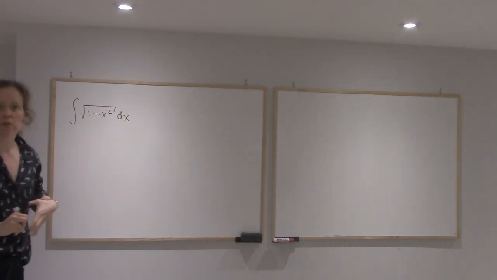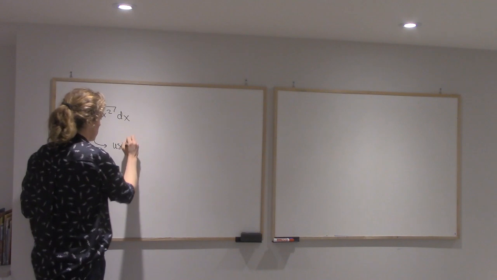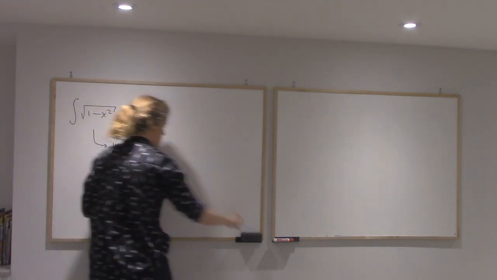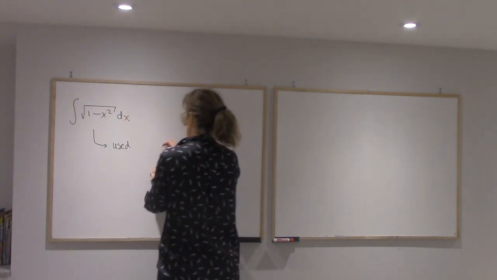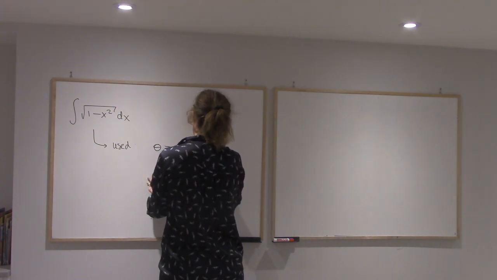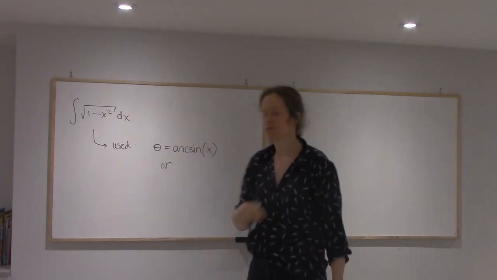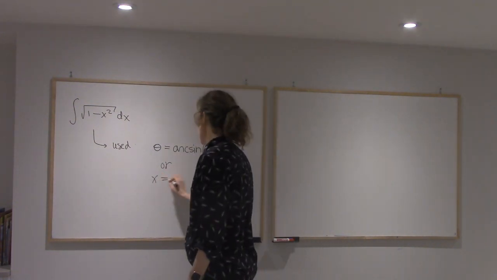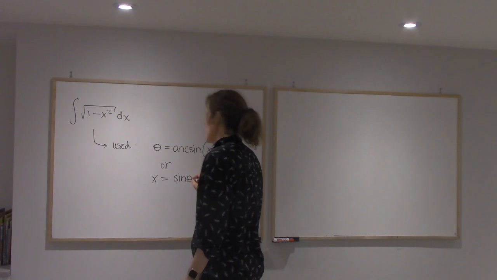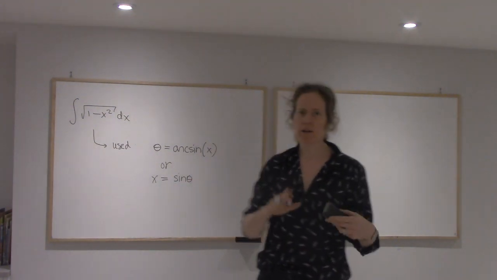We had an integral that looked like this, and we used theta was arc sine of x, or what we noticed is that you could actually say that x was sine of theta. And this we like because sine of theta is one of the functions we're comfortable with, arc sine a bit less.